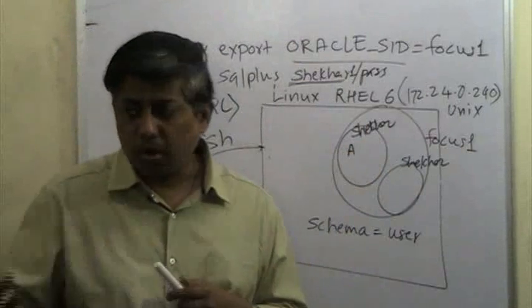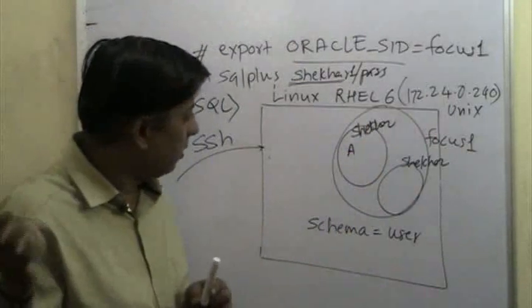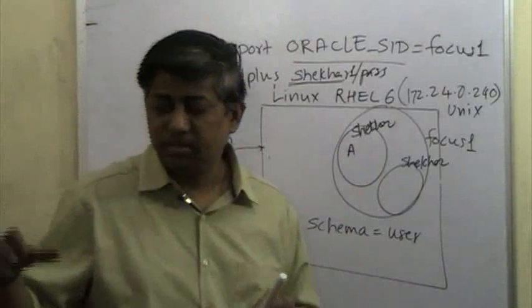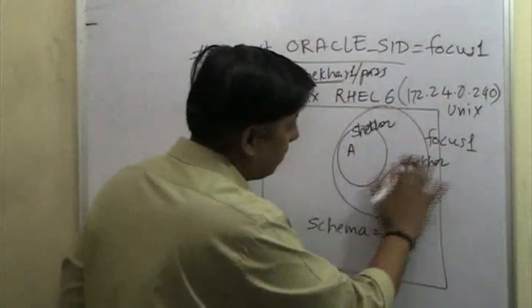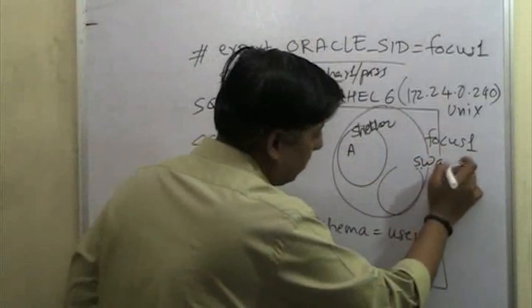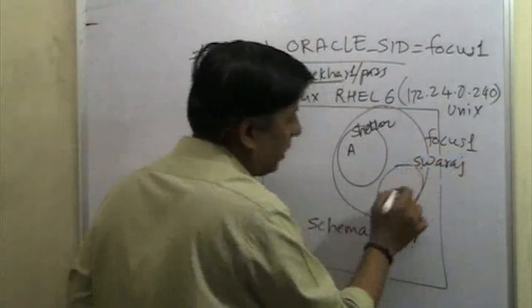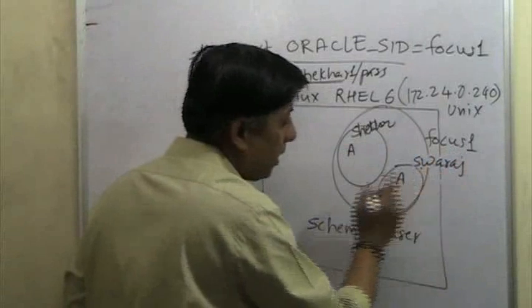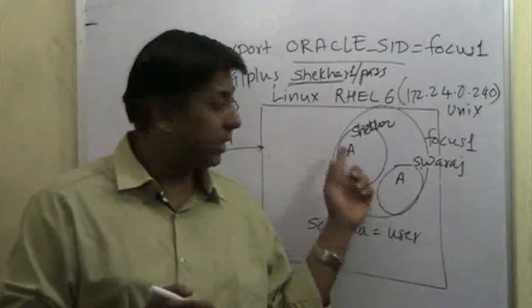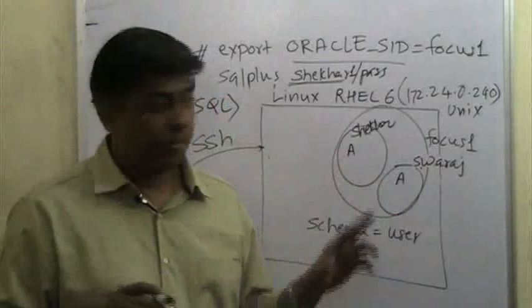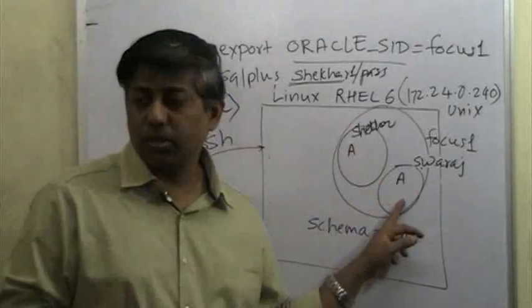Now if Suraj logs into his own schema and he creates a table A, it may have different columns and different data types, but the table name is the same, and that is allowed, because this is in my schema and that is in your schema.